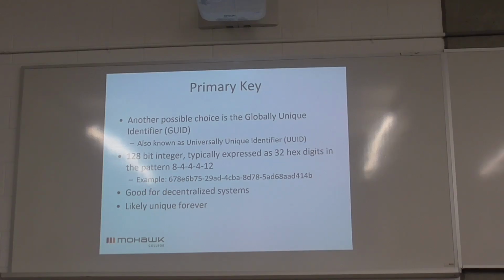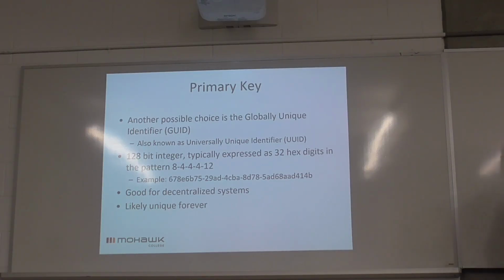So we can have a little bit of a conversation about cryptography. What does it mean that this number is likely unique forever? There are nearly infinite possible combinations, and once a number has been generated, it's unlikely to be generated ever again.